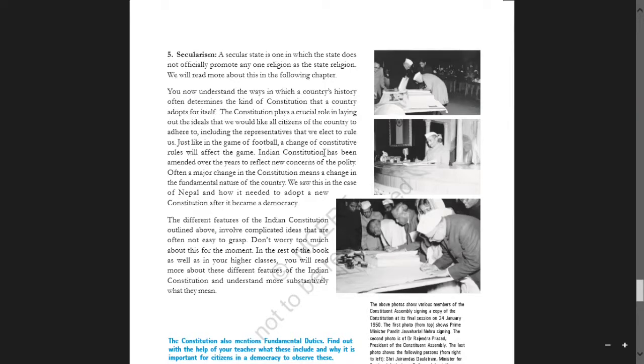The Indian Constitution has been amended over the years to reflect new concerns of the polity. Amended means modified, and polity means a form or process of civil government.